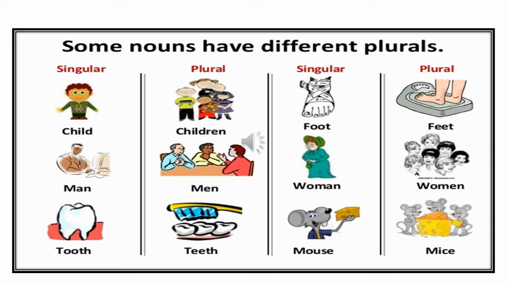Tooth, teeth. The spelling changes totally with the pronunciation. Foot, feet. Singular foot, plural feet. Woman, a single woman. Women means many women. Mouse, one mouse. Mice, many mice. So some nouns have different plurals.